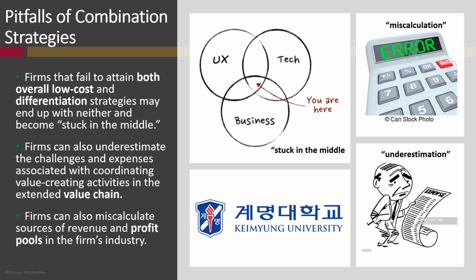While integrating activities across the firm's value chain, firms must consider the expenses linked to technology and investment, managerial time and commitment, and the involvement and investment required by the firm's customers and suppliers. The firm must be confident that it can generate a sufficient scale of operations and revenues to justify all associated expenses. Finally, firms may fail to accurately assess sources of revenue and profits in their value chain.